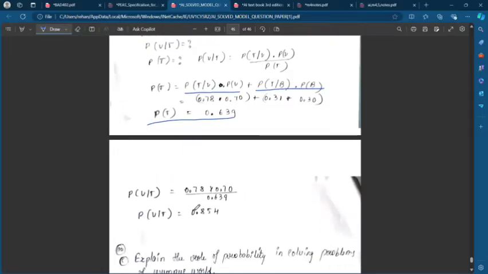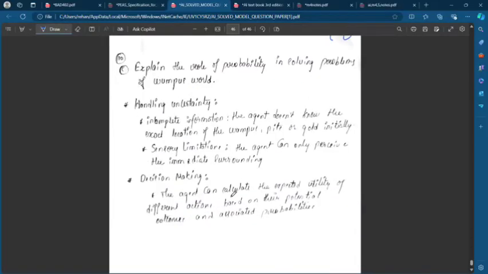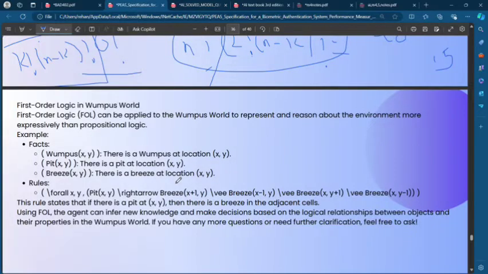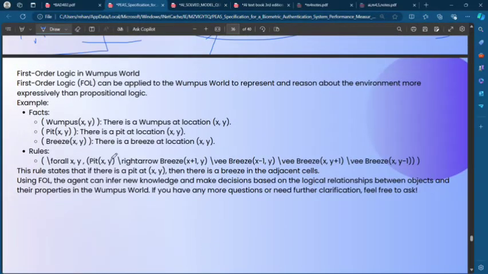Now I simply substitute 0.78 into 0.70 divided by 0.69, that is almost 85.4%.